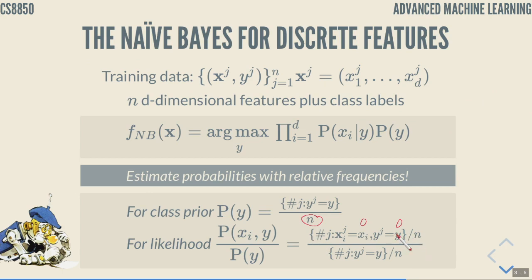We will count this and normalize by the number of total instances, and then divide by the prior on y that we already estimated, and that's how we will get our parameter estimates for those discrete features. Okay, I hope that's clear.